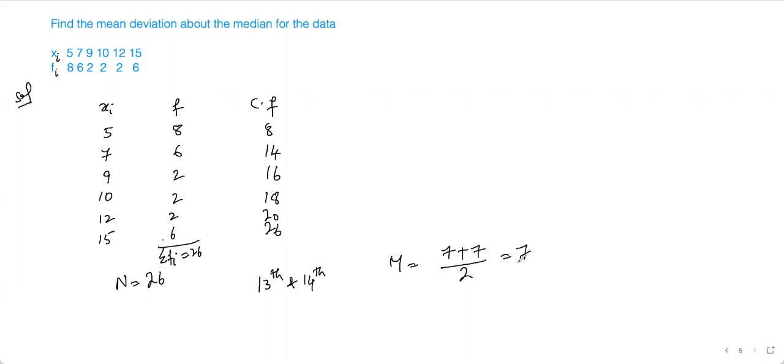And the absolute values of the deviations from the median, mod xi minus M, let us write that also.